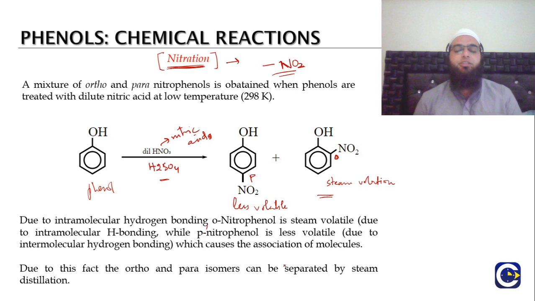So we can separate these two by steam distillation. We may sometimes be asked which of the two is more volatile and how we can separate them. Steam distillation is a separation technique that can be used to separate these two isomers of the nitrophenols.